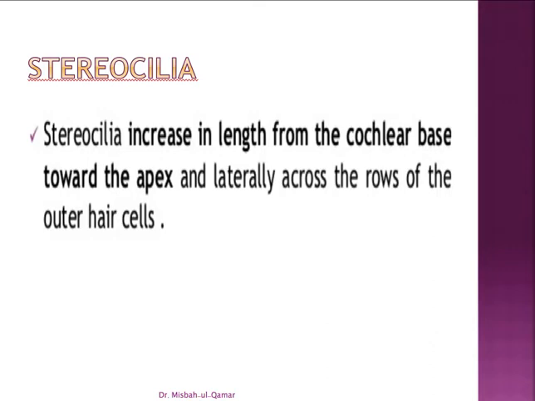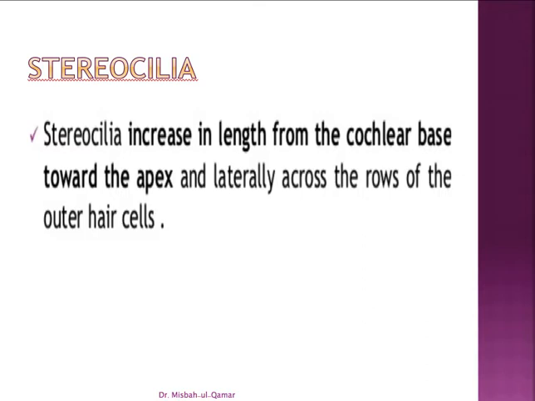So these were the functional units of the cochlea. I told you about the organ of Corti, and very important in the organ of Corti are the hair cells. And we mentioned that there are two types of hair cells, inner hair cells and outer hair cells. And you know the differences between them.